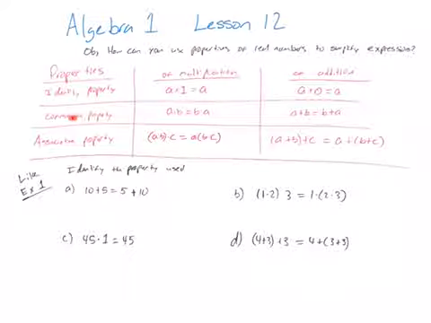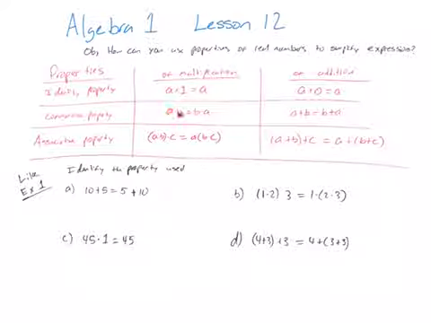The commutative property, think about the commute to work that maybe your parents do, or your commute to school in the morning. Like whenever I come to work, I pass the QT, and then I pass the Fiesta Mart, and then I arrive at school. But as I'm headed home, I'm going to pass the Fiesta Mart and then the QT. So notice it's the exact same things, but in the opposite order.